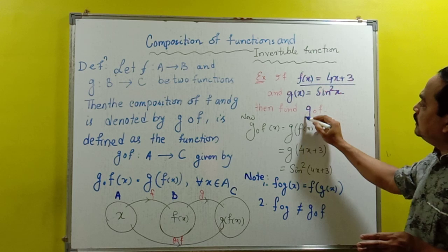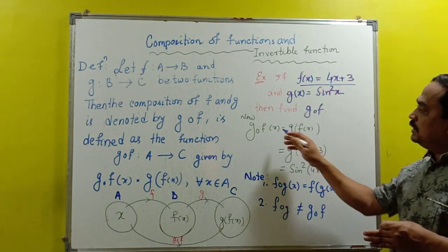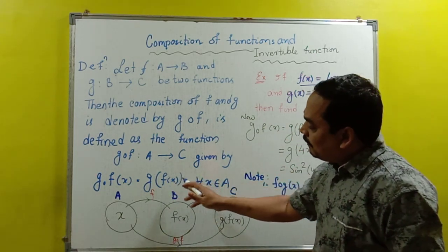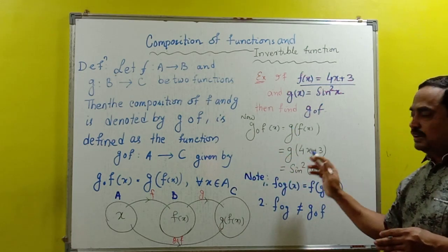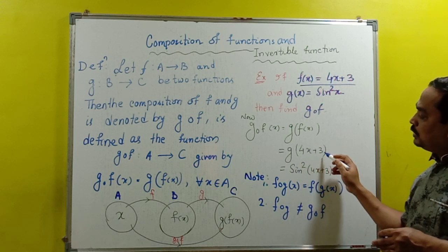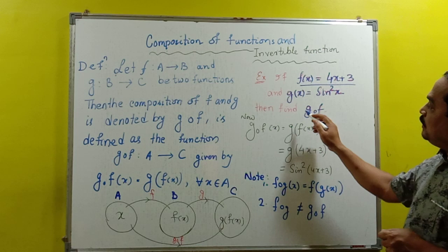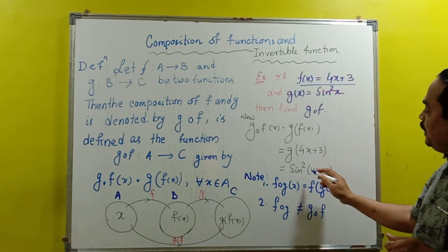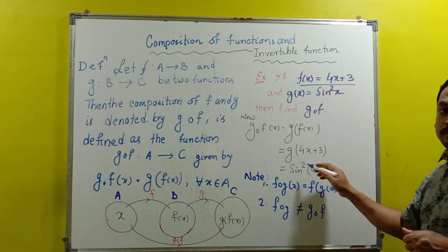Then find gof. As we have defined, gof of x means g of f of x. So g of f of x is g of 4x plus 3. Since g of x is defined as sine square x, this will be sine square of (4x plus 3). So this is your gof of x.